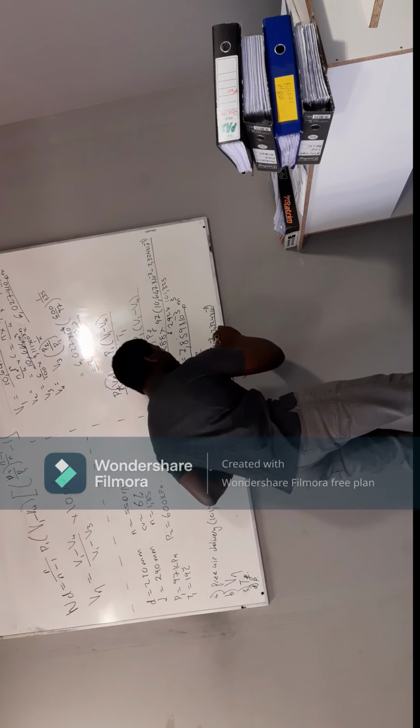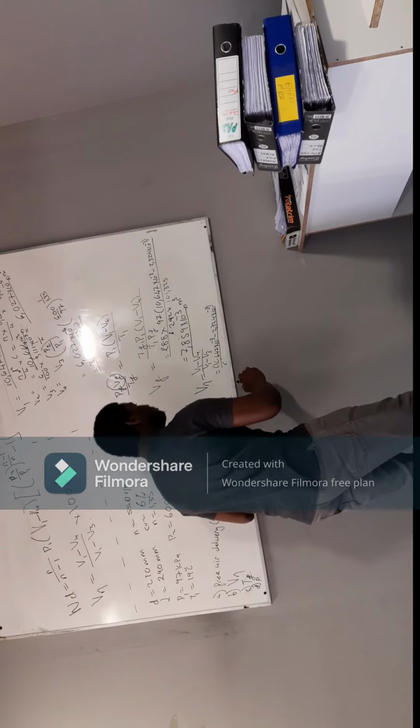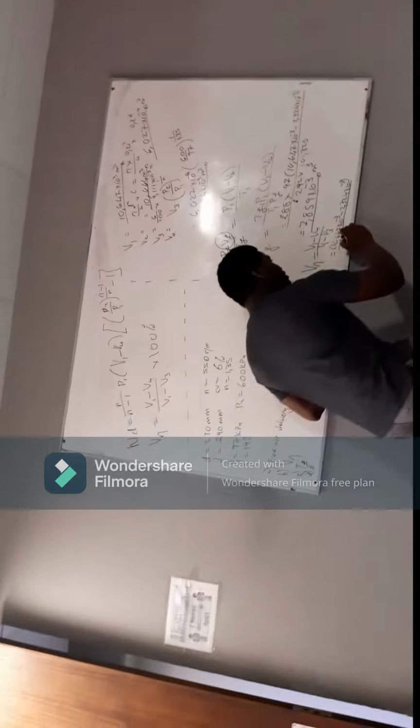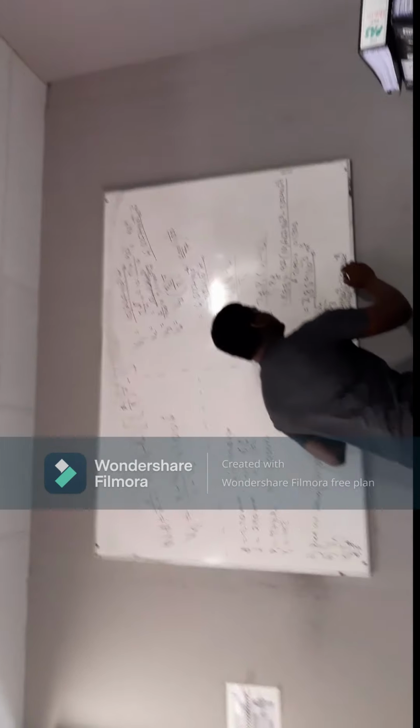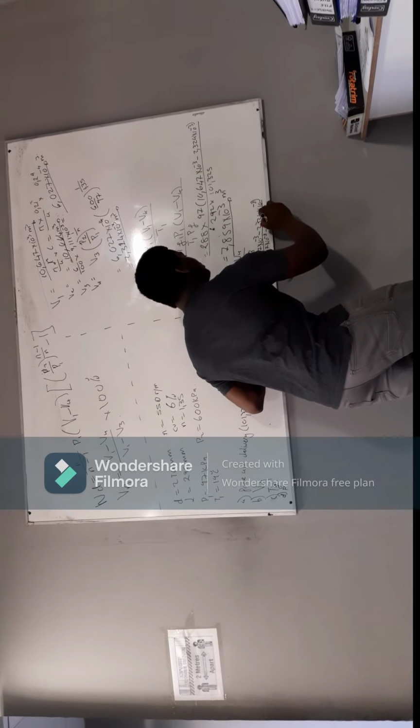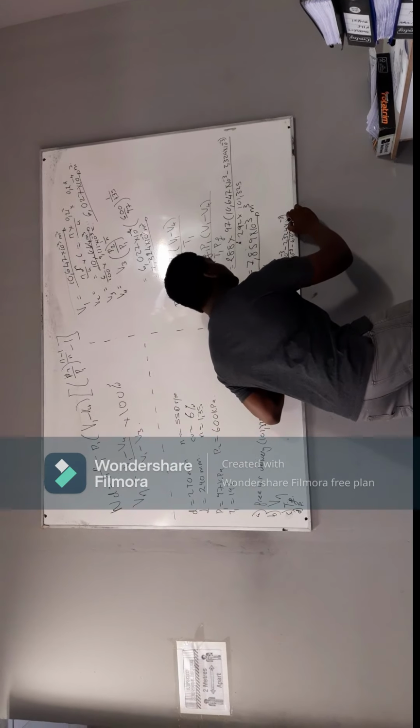All of it is being divided by, open bracket, V1 minus V3, 10.647 times 10 to the power negative 3 minus V3, which is given at 6.027 times 10 to the power negative 4.